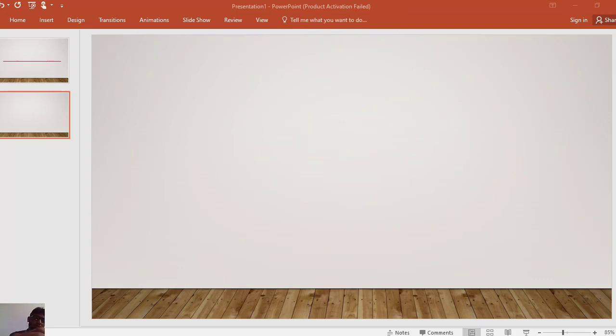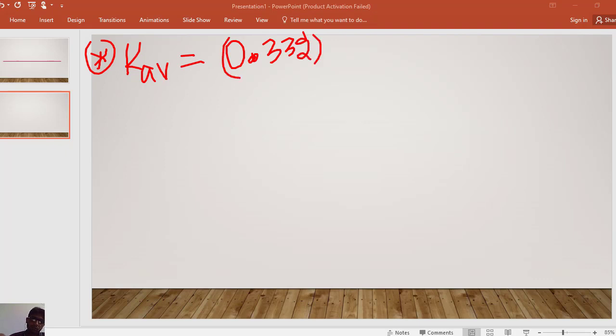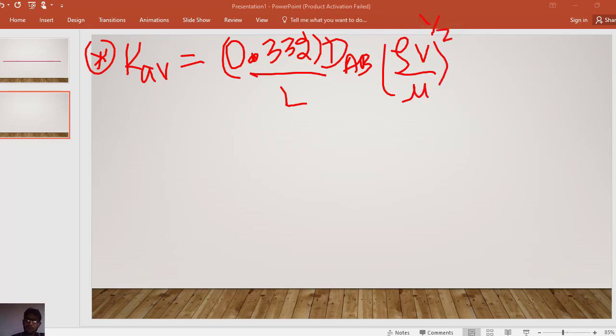So from equation star, the average mass transfer coefficient is equal to 0.332 times the diffusivity of A and B divided by L, times rho V divided by mu to the power 1/2, which comes out of the integral, and the Schmidt number to the power 1/3 has also come out of the integral. The integral from 0 to x has 1 over x times x to the power 1/2, dx.